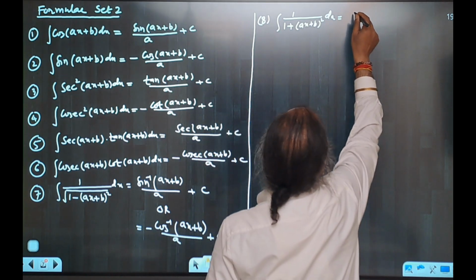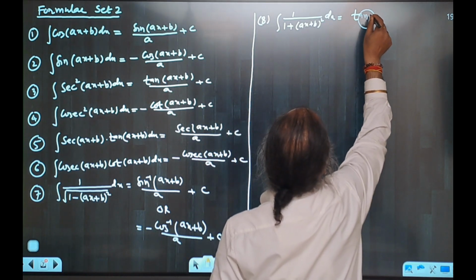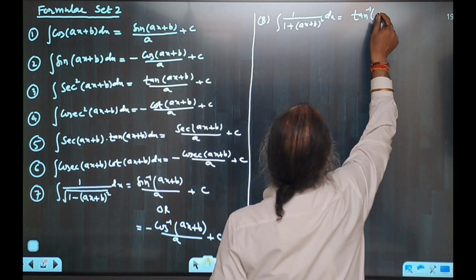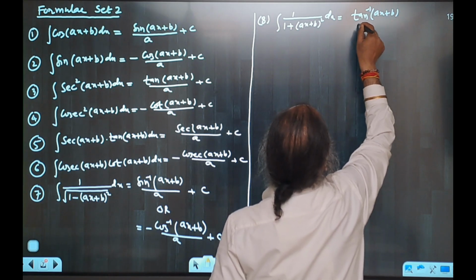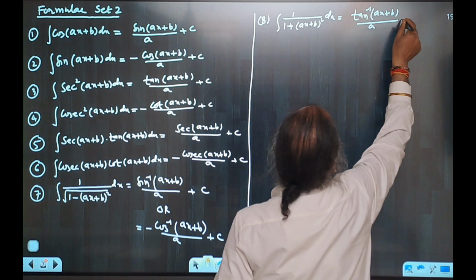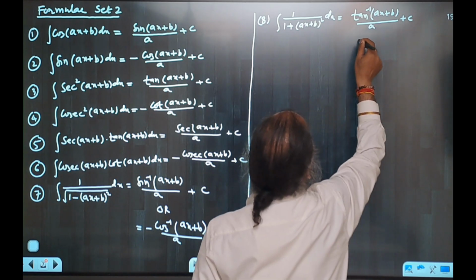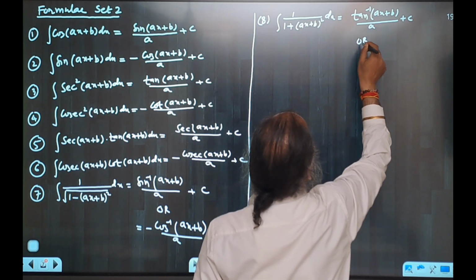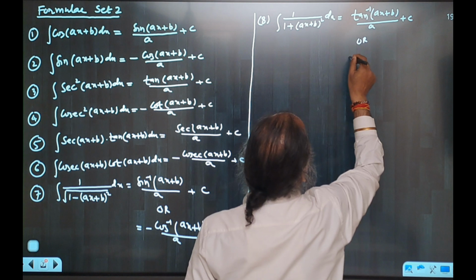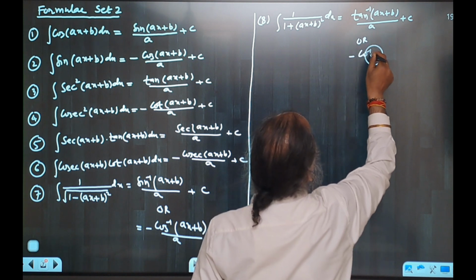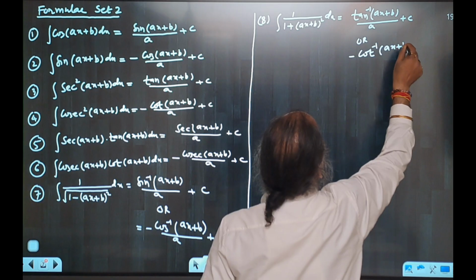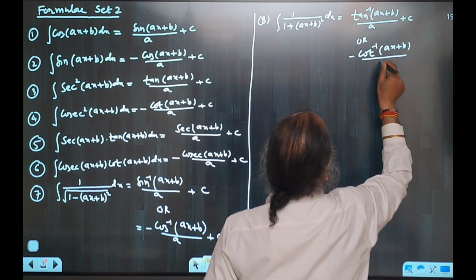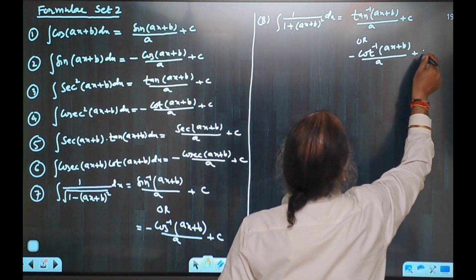It is tan inverse of (ax plus b) upon a plus c, or minus cot inverse of (ax plus b) upon a plus c.